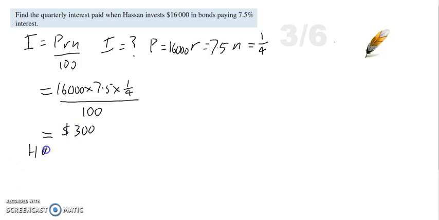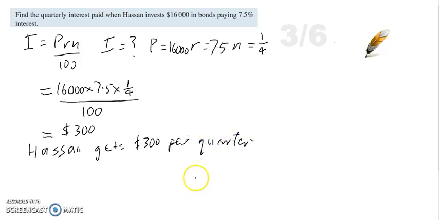So remember our statement. Hassan gets $300 per quarter. Not bad, really. Good luck finding 7.5% interest on anything these days. Alrighty, so that's the end of this one.